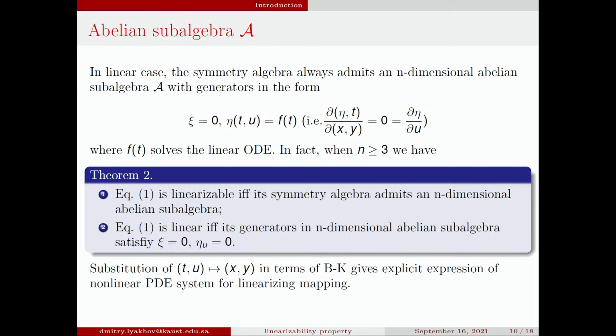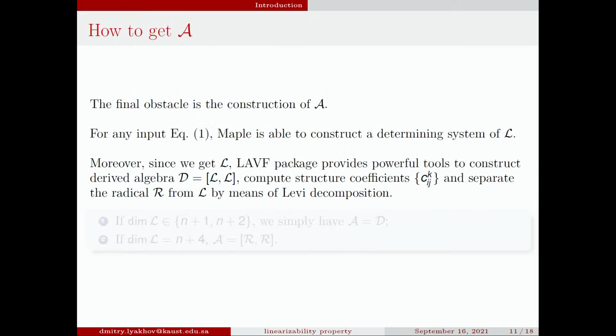So the final obstacle here is how we get this A, because this A is just a subalgebra of the symmetry algebra, not the whole symmetry algebra. Like I said before, for any input ODE, we can always get the determining system for the symmetry algebra.